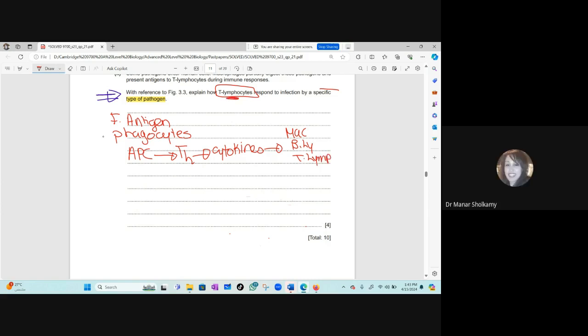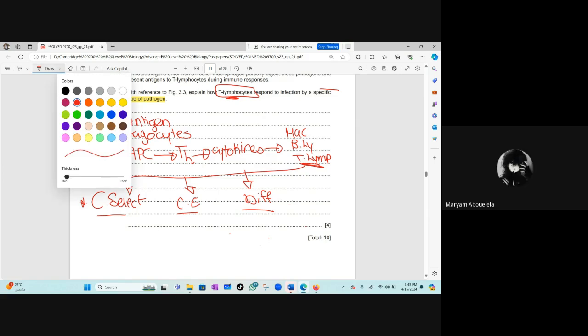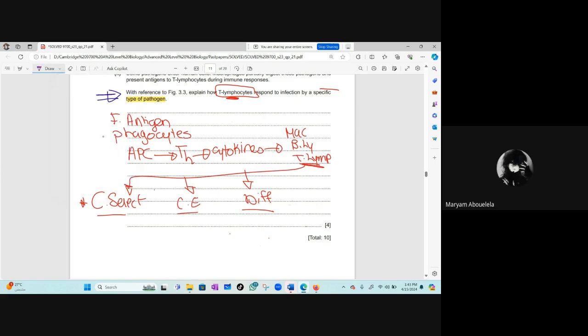The T lymphocytes here, when they are stimulated, what do they go through? They go through clonal selection, clonal expansion. Very good. Clonal expansion and then differentiation. And you will write something below each one of them. What do you say in clonal selection? The specific T lymphocyte.